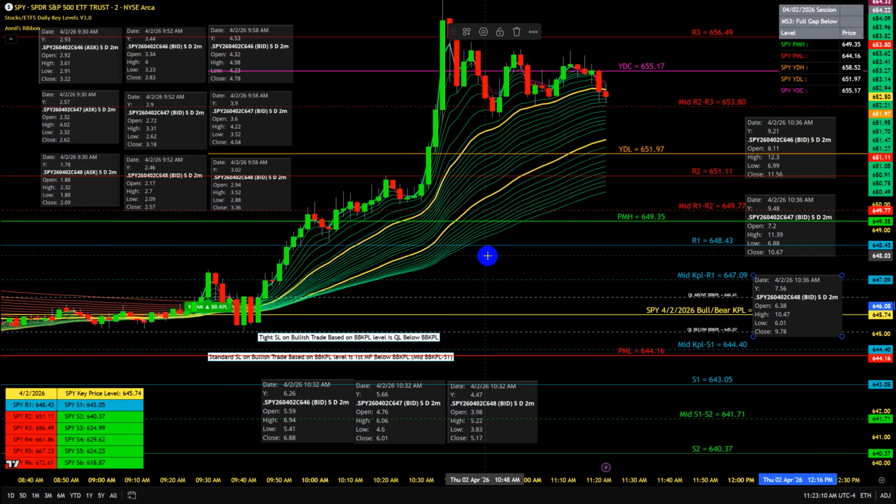Now the other type of trade that you can do with this indicator is called a regular trade. A regular trade, you're looking for a minimum 1.5 level move in your favor. And on a regular trade, you have the same 100% exit as an option if you prefer to do that.